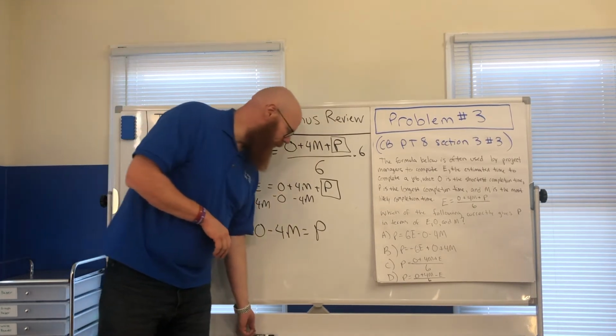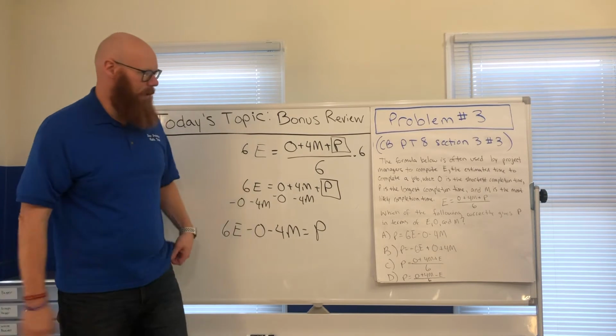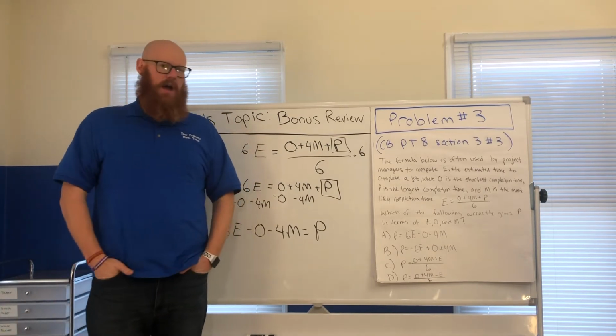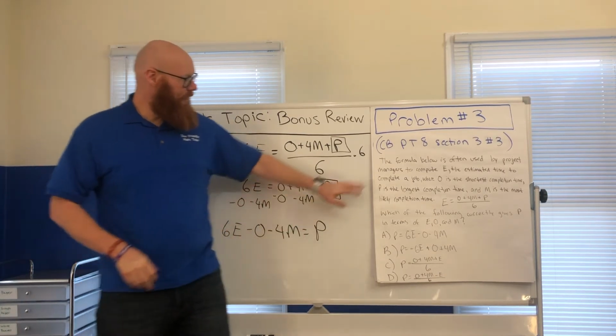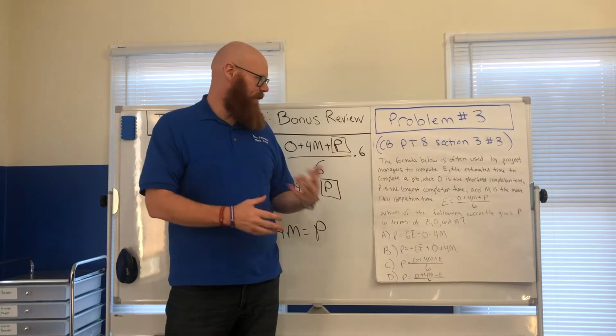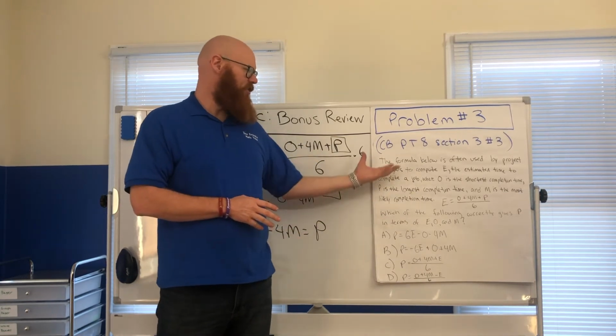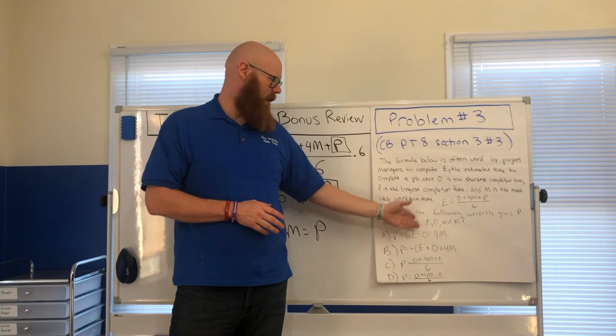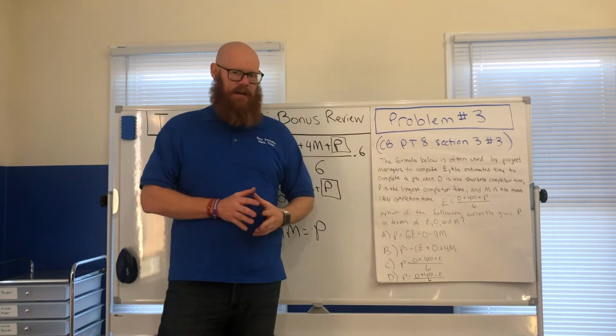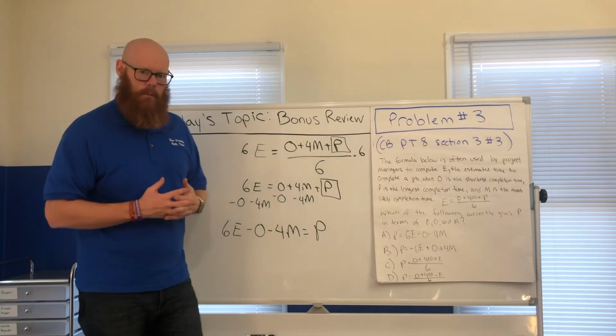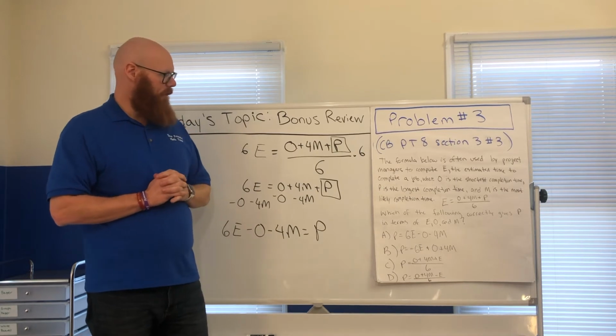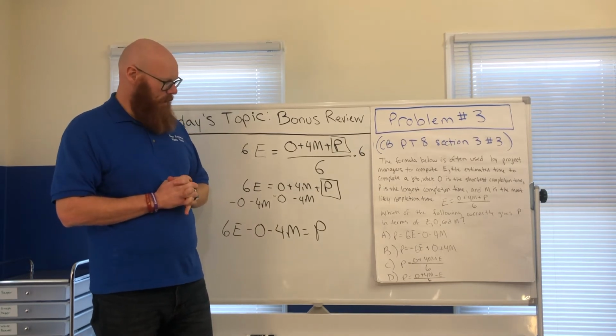So it's really, really that simple. This is also a problem that you could just do in a couple seconds. And then if you read this and your brain starts to try to figure out what this project manager is doing and what E and O and M and P and all that stand for, that's just going to get you more and more confused. So it's really, really simple to just notice the equation.